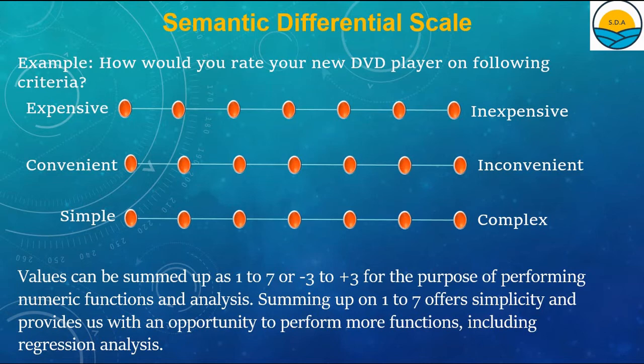However, at the back end, the researcher may allocate values from 1 to 7 or -3 to +3 if he is using a 7-point scale, and similarly 1 to 5 and -2 to +2 if he is using a 5-point scale for the purpose of analysis. Summing up, the findings on a scale of 1 to 7 offer simplicity and provide us with an opportunity to perform more functions, including regression analysis.